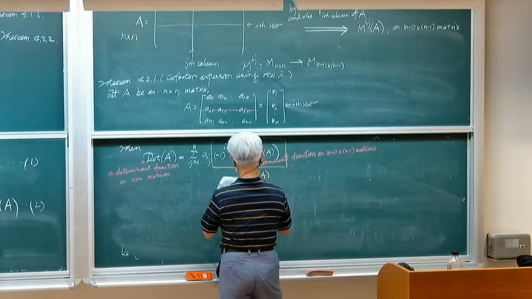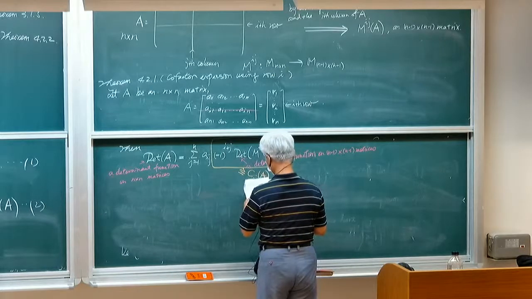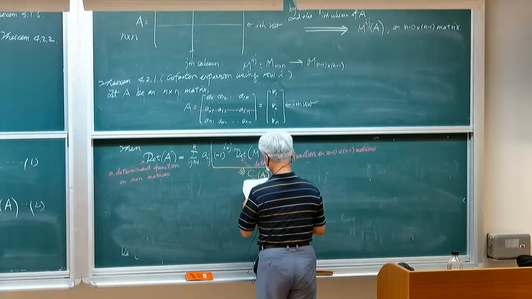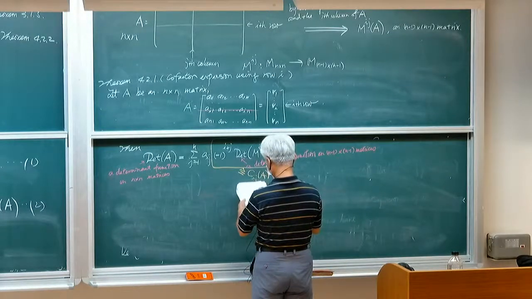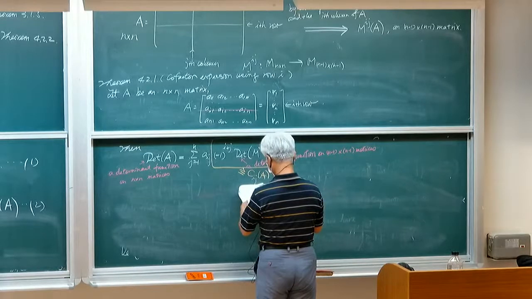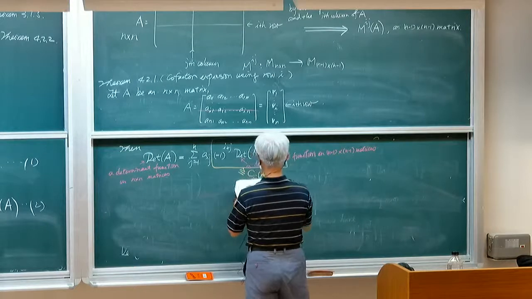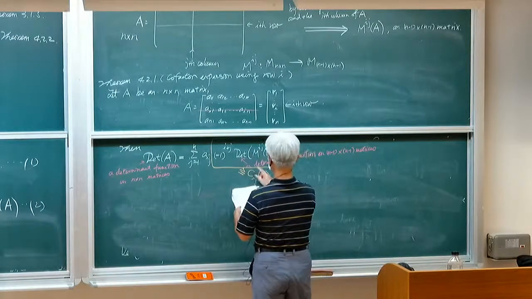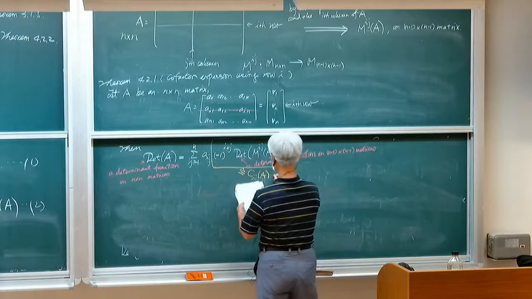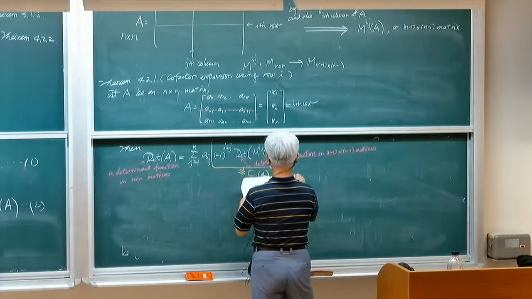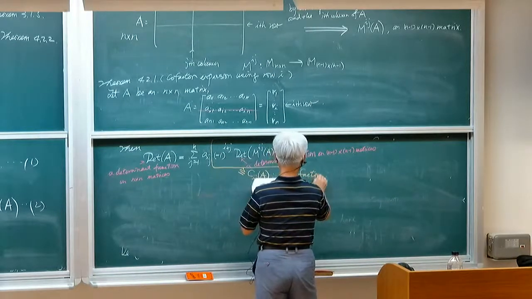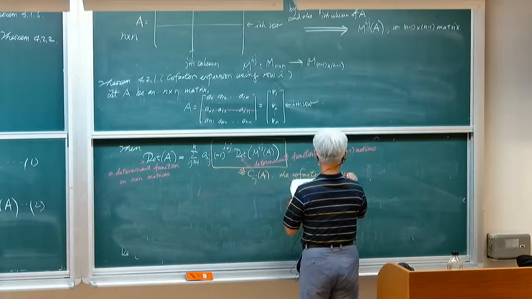Anyway, this is including the sign, which is called the cofactor of Aij.